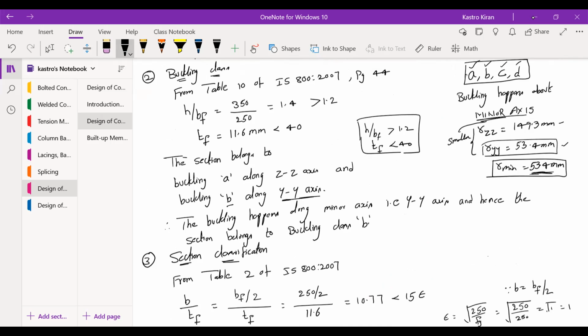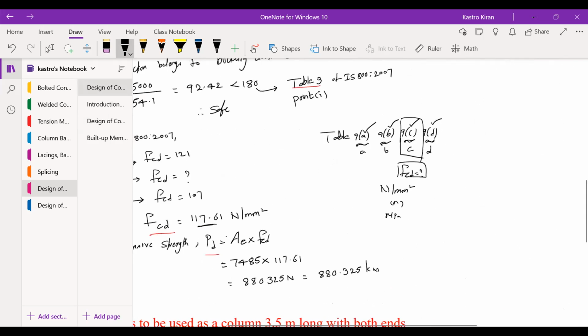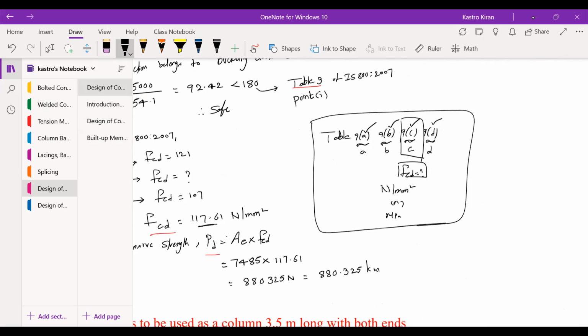I was telling you earlier, we have 4 buckling classes: buckling class A, B, C, and D. For each buckling class, we have tables 9A, 9B, 9C, and 9D. This I have told you, right? So table 9A talks about buckling class A, 9B talks about buckling class B, 9C about buckling class C, and 9D about buckling class D, right? This we have talked about in the first problem.